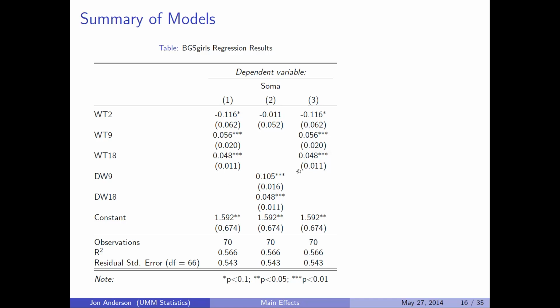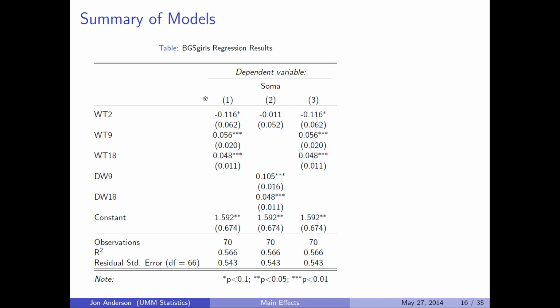And you can observe some things here. Weight at age 2 is the same estimate in model 1 as it is in model 3. The reason model 1 and model 3 are basically the same is we kicked out the DW coefficients and they weren't even estimated.